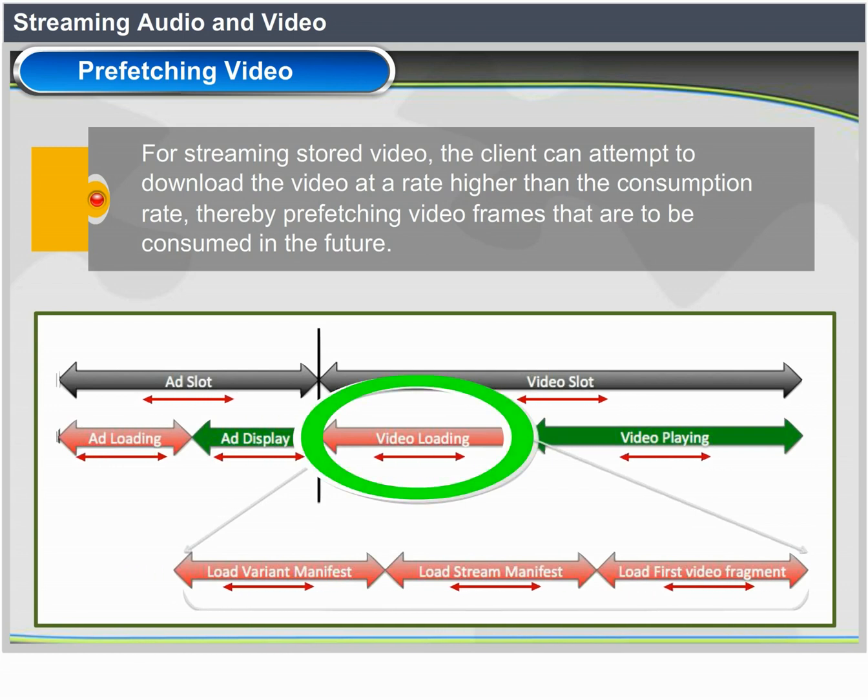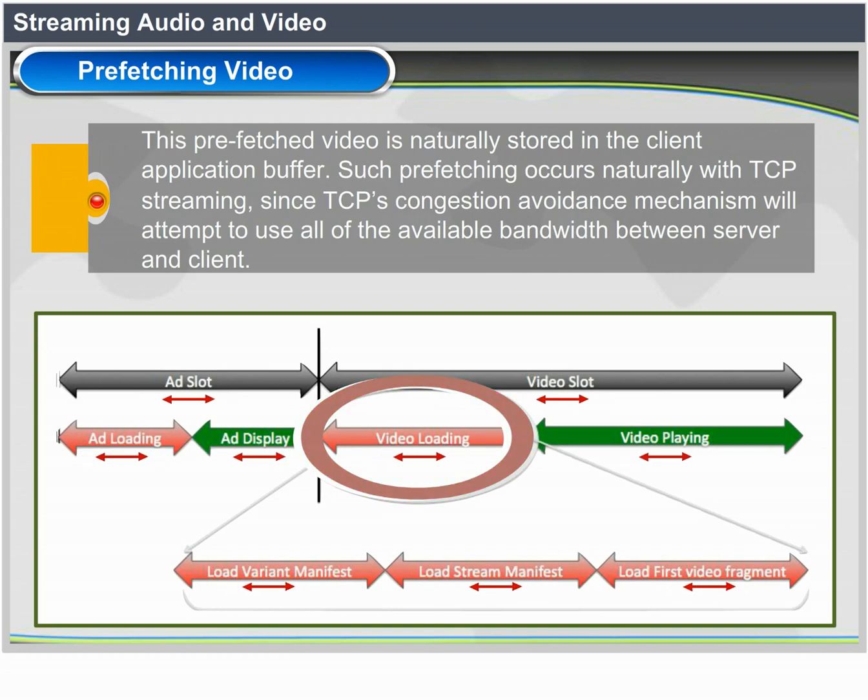This prefetched video is naturally stored in the client application buffer. Such prefetching occurs naturally with TCP streaming since TCP's congestion avoidance mechanism will attempt to use all of the available bandwidth between server and client.